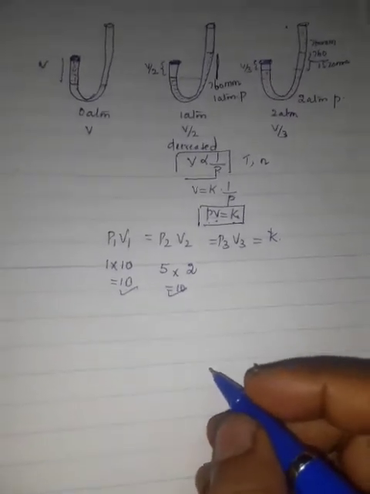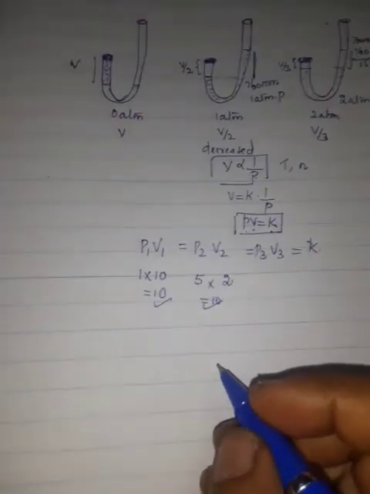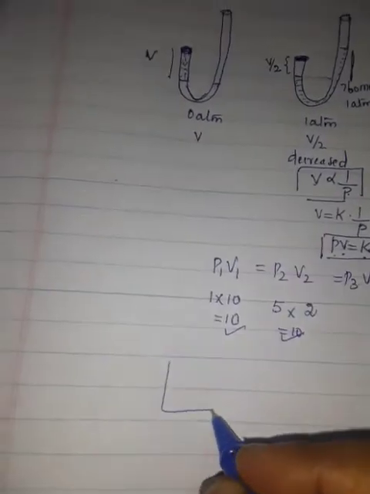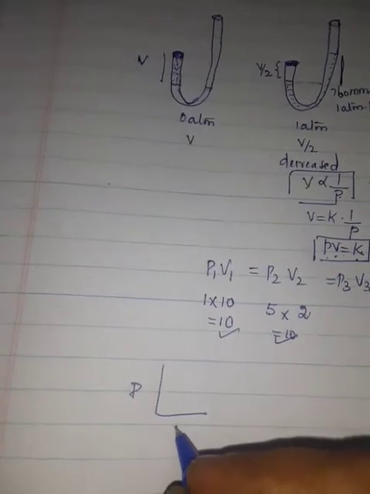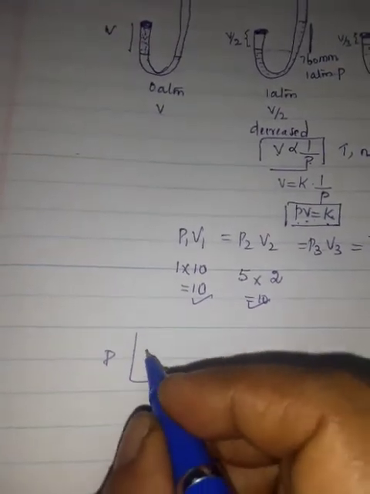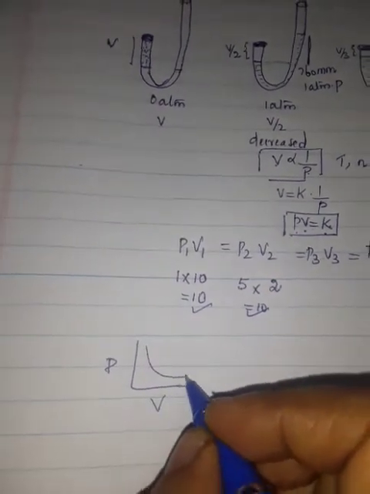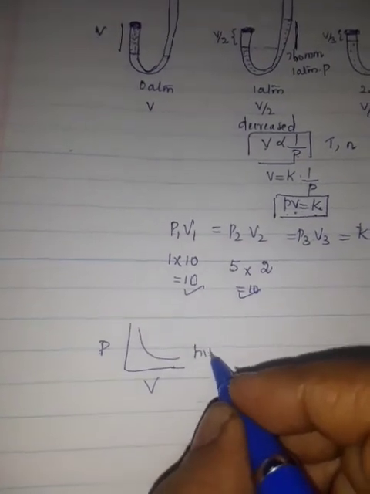By plotting a graph, when pressure is plotted against volume, he got a hyperbola.